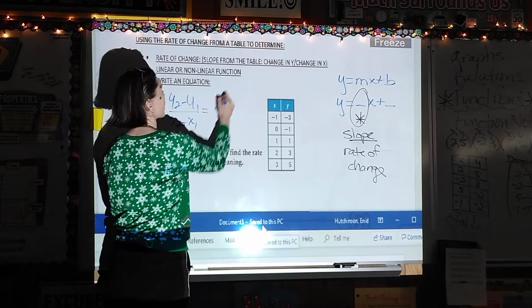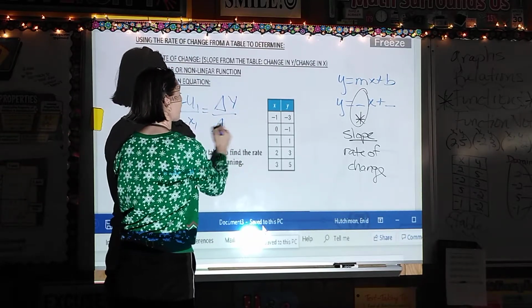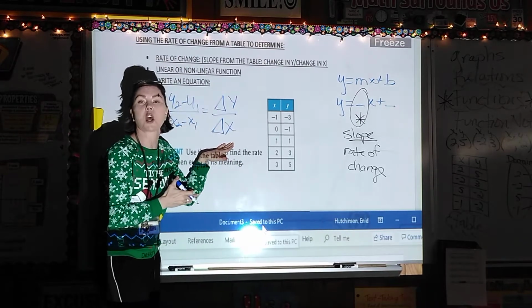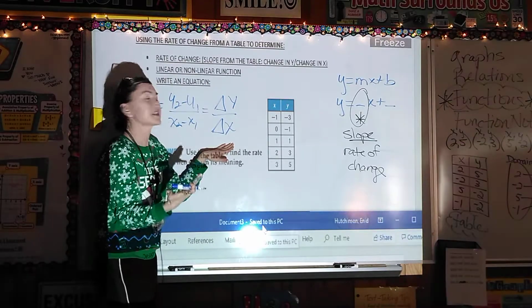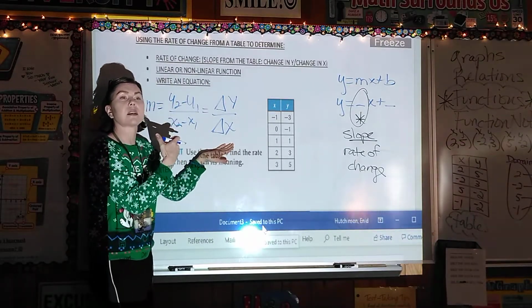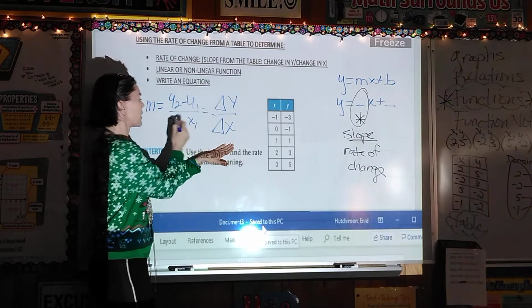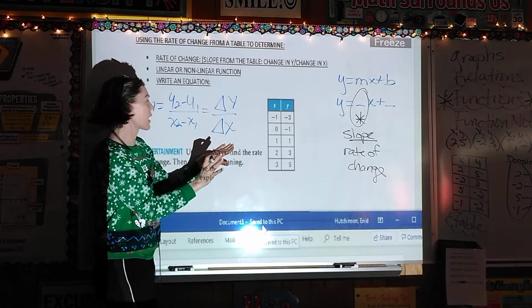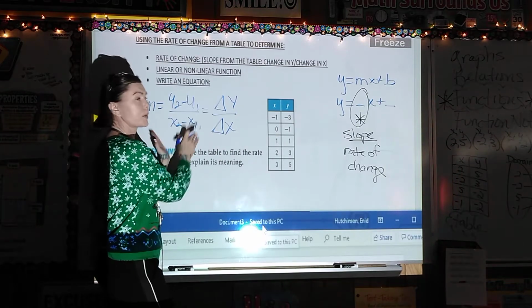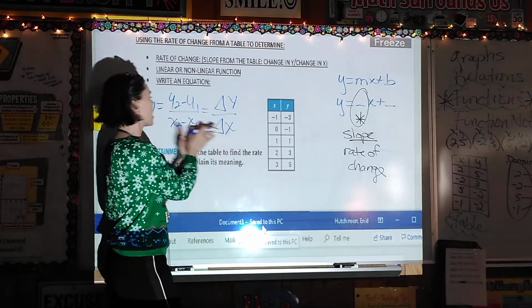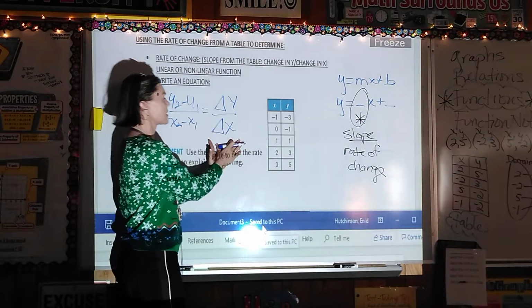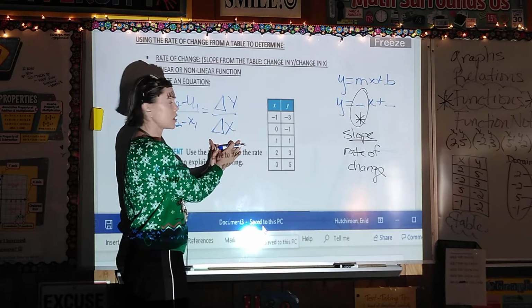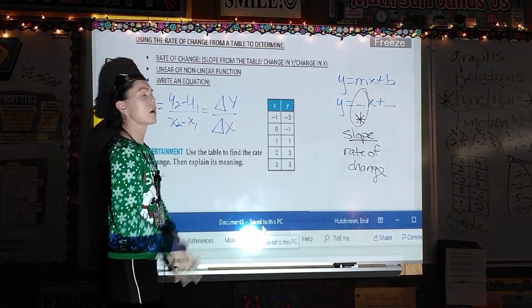So we're going to call that delta y over delta x. That's the Cliff Notes, that's the shortcut, that's the shorthand, that is the same. These two things mean exactly the same thing, okay? So we have slope and we have rate of change. This is the slope formula. This is for the change in y over the change in x, meaning delta y over delta x.